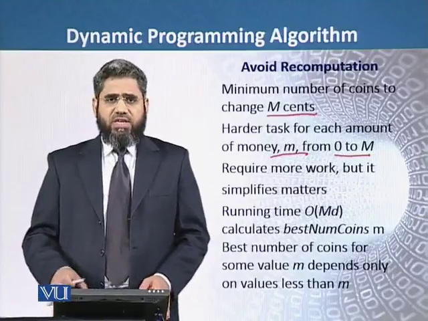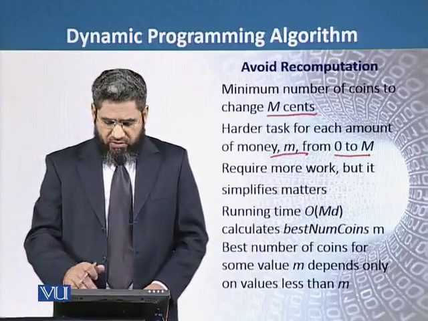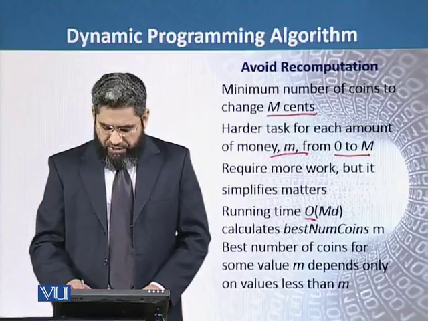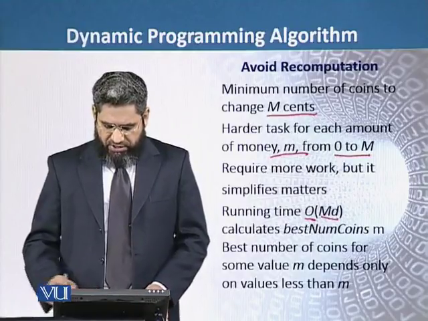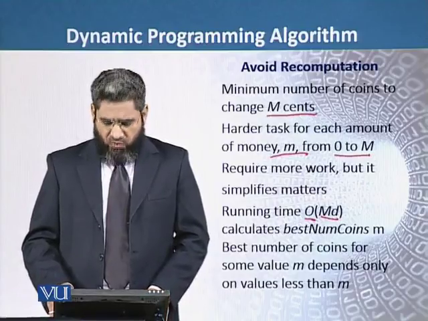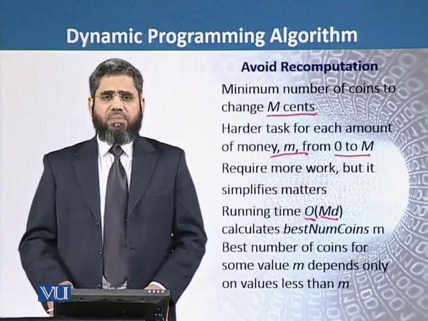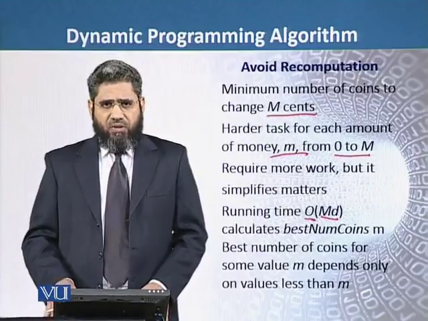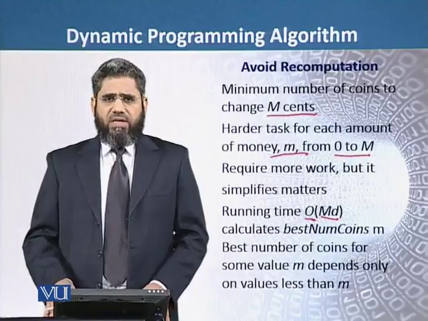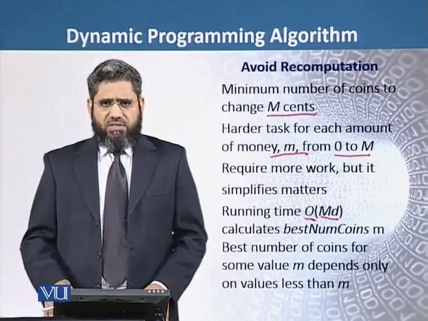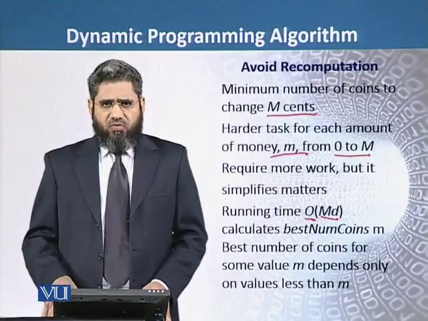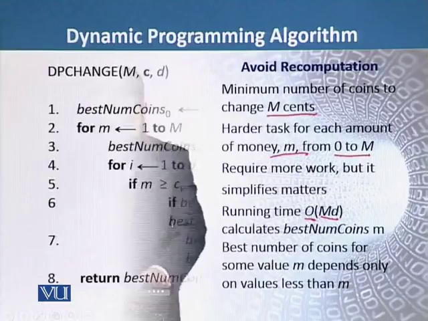Further, we will see the algorithm with the running time of big O of m times d for calculating the minimum number of coins, and we know that the best number of coins we can calculate for a given value of m is much better when we take values less than m.